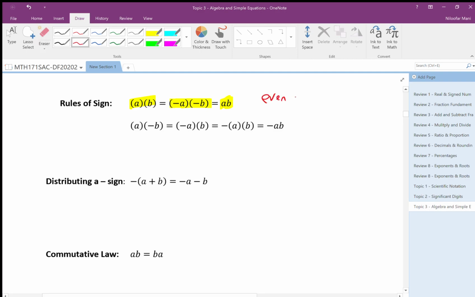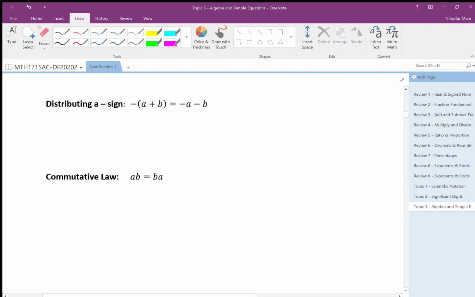See, here 0 and here 2, so that's positive. If I have an odd number of negatives, that's negative. Why? Because here I have 0 negatives, here 2 negatives, here 1 negative, and that's just a negative result. But it depends on the signs of A and B. Maybe the signs of A and B are different, and that changes the result.